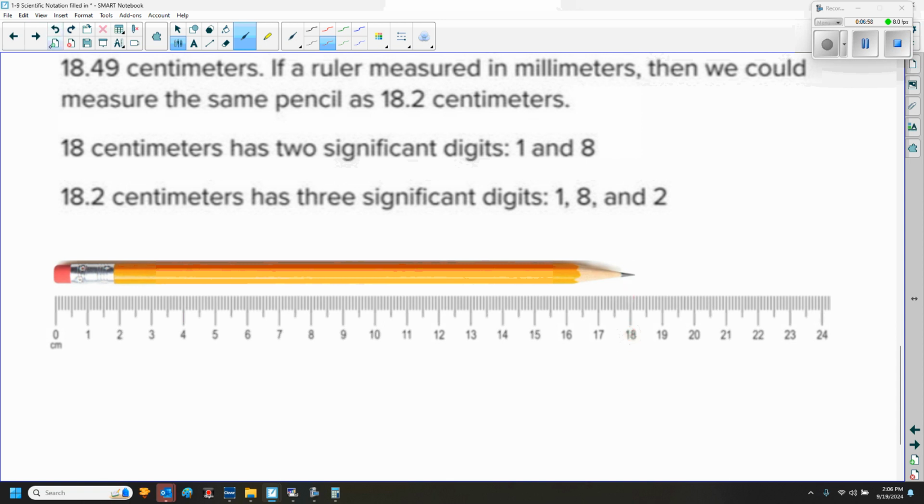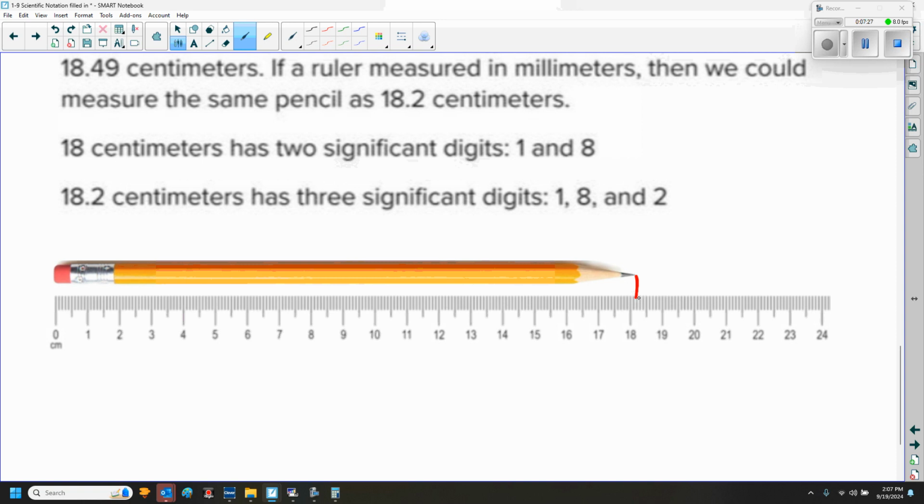Okay? Now, we're looking at the same pencil with this same ruler, and we have millimeters, okay? Then you can see that this actually measures to 18.2 centimeters.